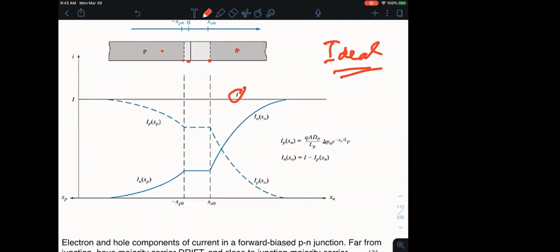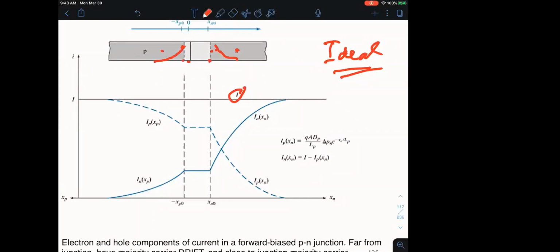So when the holes, which are majority carriers on the p side, diffuse across and now become minority carrier holes on the n side, they diffuse from the high concentration region to the low concentration region, recombine with electrons, and die down exponentially with distance. Similarly, the electrons from the n side diffuse across, now become minority carrier electrons on the p side, diffuse, recombine, and die down exponentially with distance.